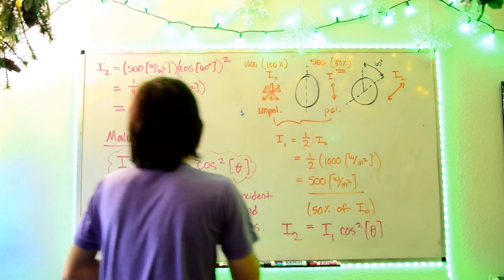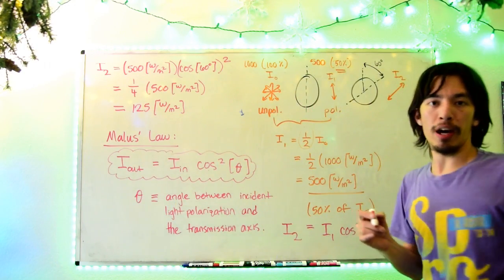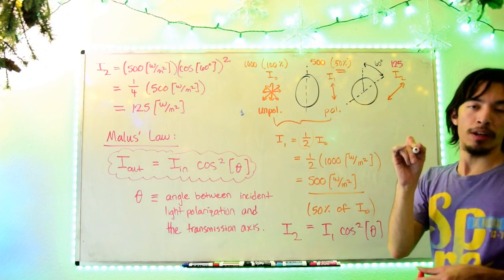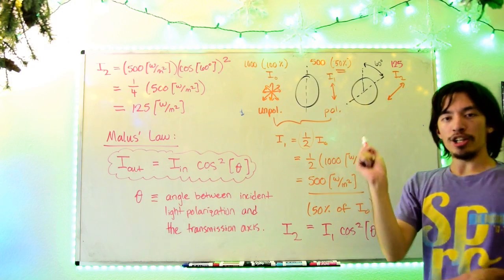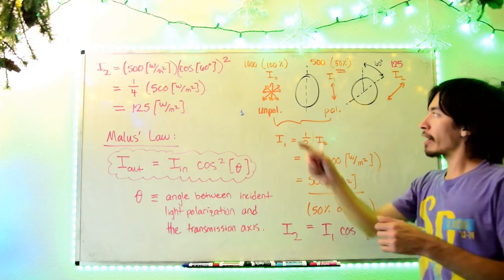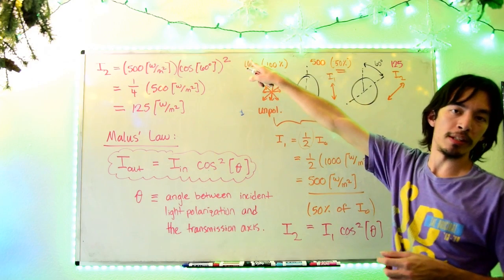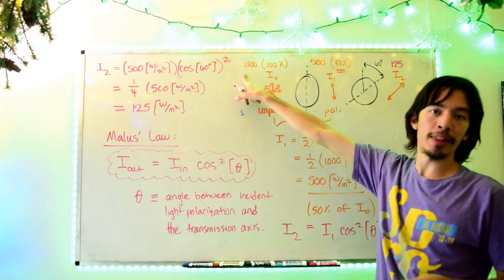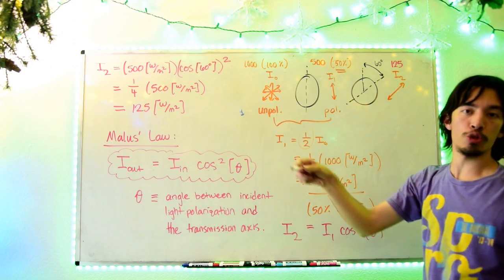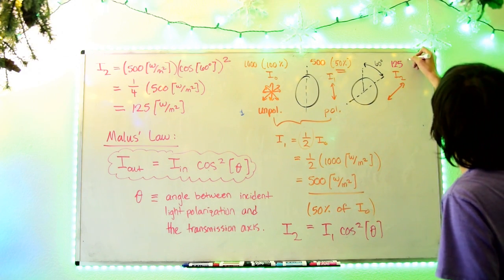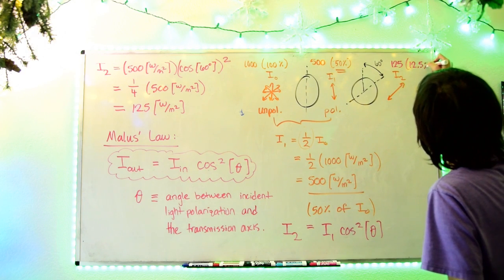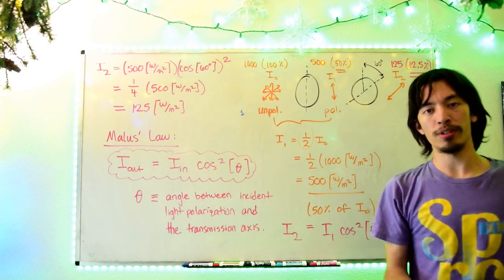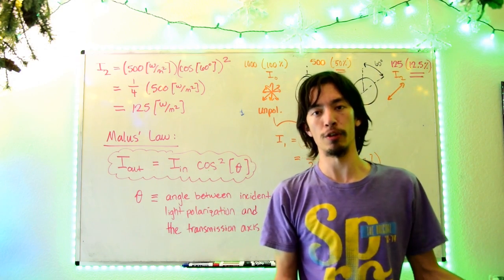Now, that 125 that we have left, so 125 watts per square meter, the percentage that we care about is the percentage compared to what we had originally, which was 1,000. So if we divide 125 into 1,000, it's actually 12.5%. So we have 12.5% of our original light left over now.